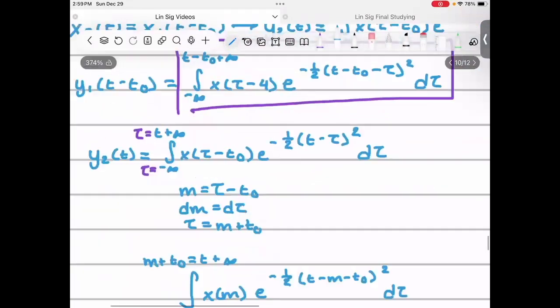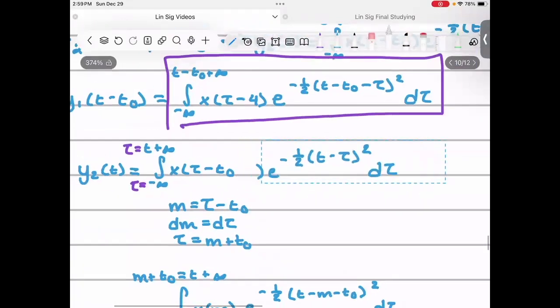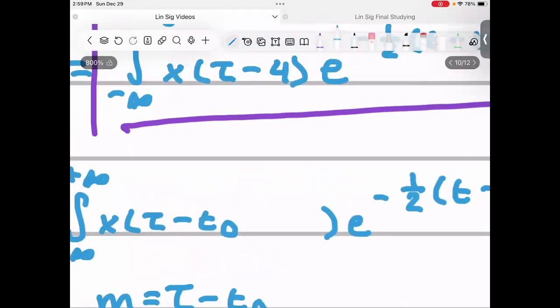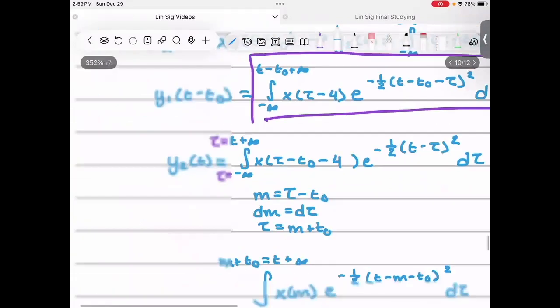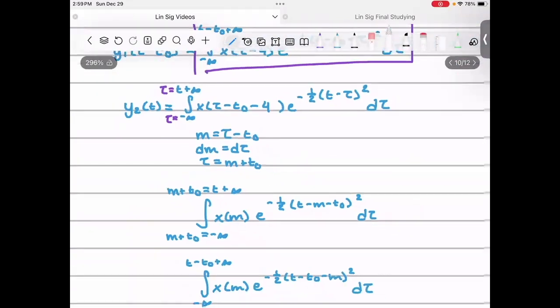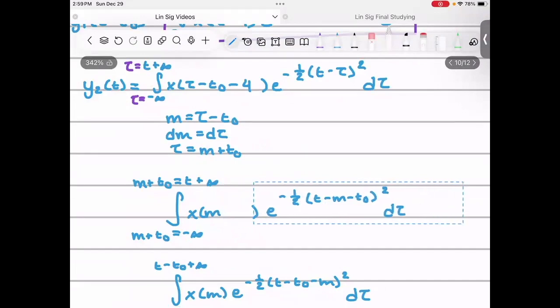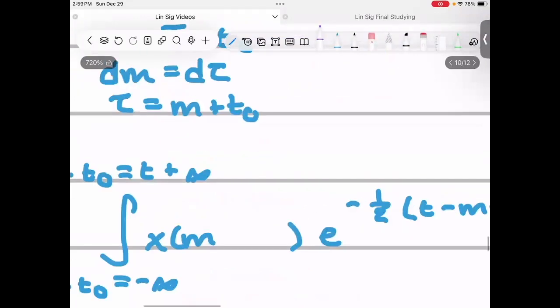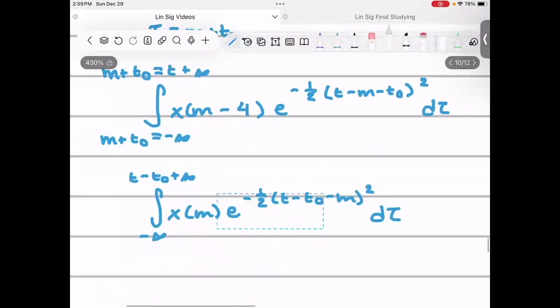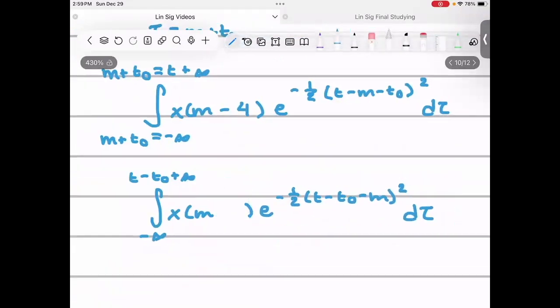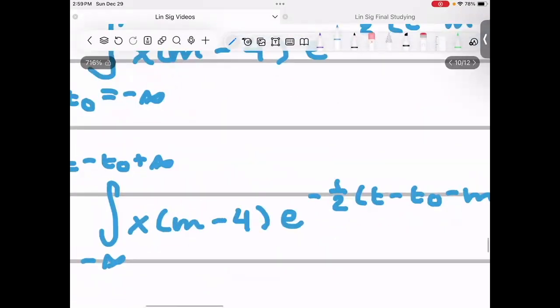Oh no. Okay. If we go back and we add the 4 everywhere it's supposed to be, minus 4, minus 4.